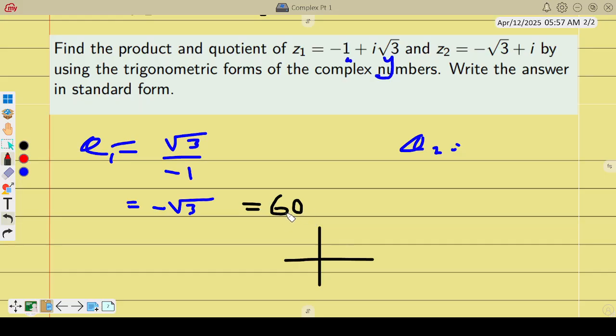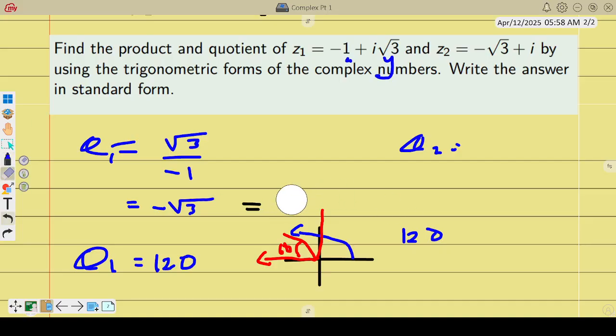So this is x. X is negative, it goes to the left. Y is positive, it goes up. So meaning 60 is there. So to read it from the positive x-axis, it will start from here. So this is a 120. We simply say 180 minus 60. So meaning theta 1, it is 120.